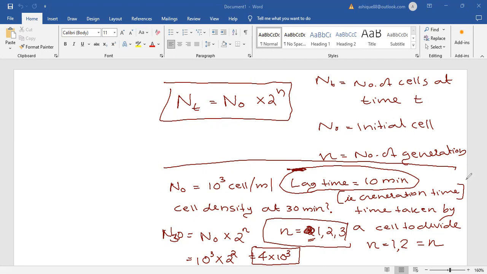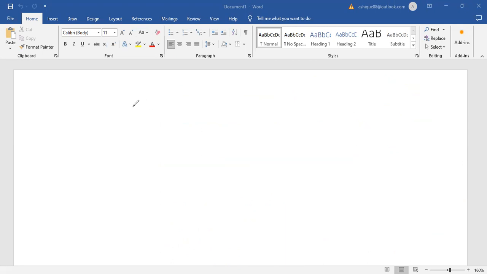Okay, so we are proceeding further. Now listen. Look here, NT is equal to N0 into 2 raised to N, right?